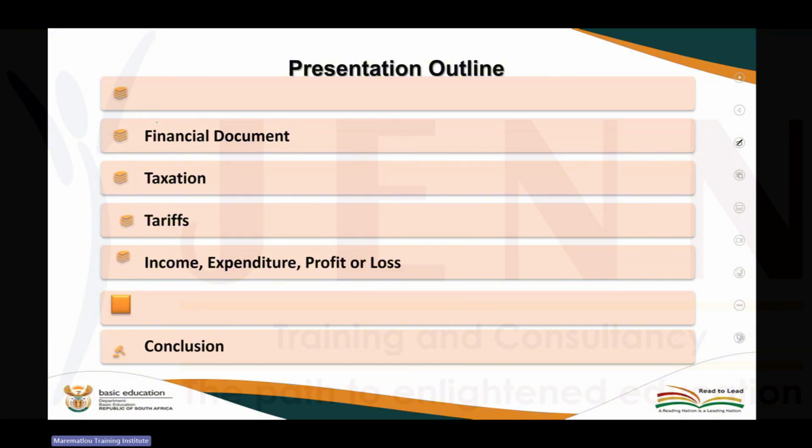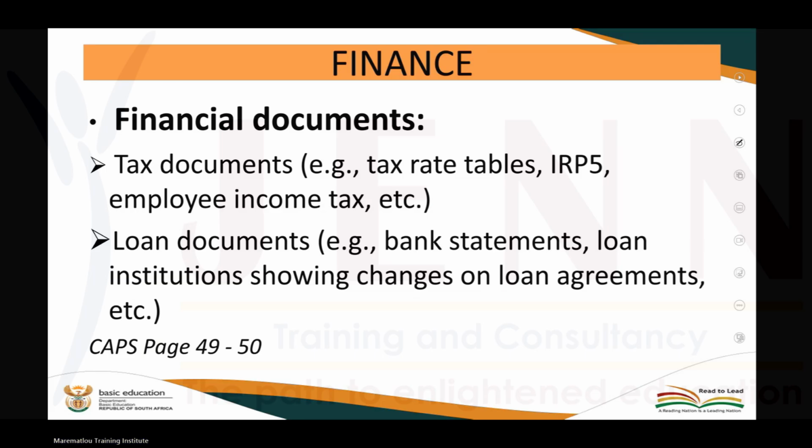We will only touch the overview and try to do one or two activities based on the financial documents, and we can even touch on the tariffs if time allows us.